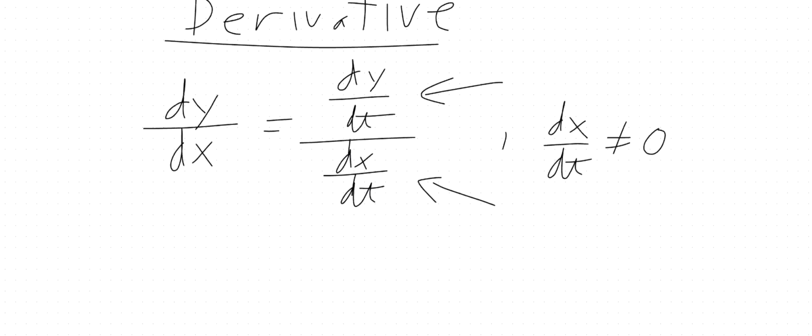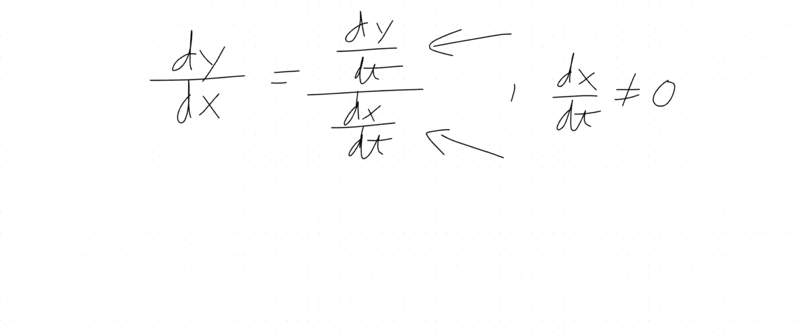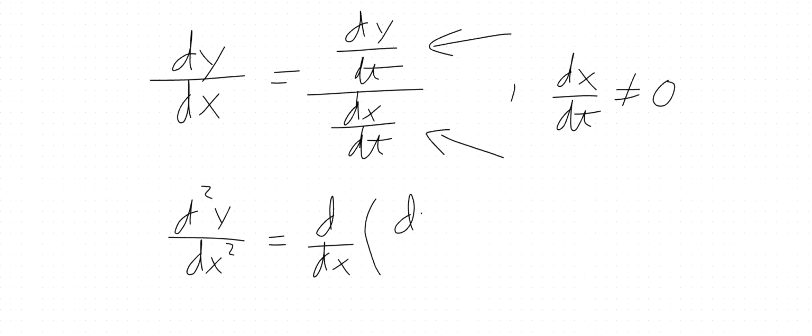However, when we do our second derivative, things get a little bit more complicated, because this is going to be the derivative with respect to x of our derivative.